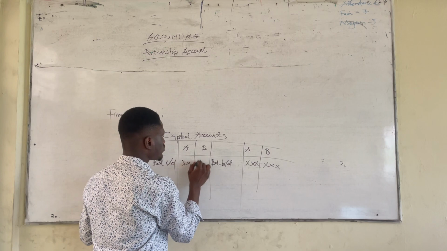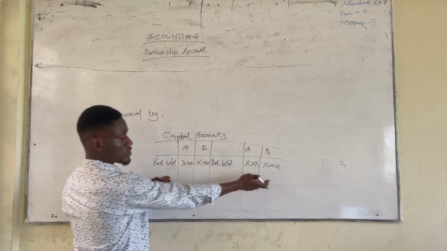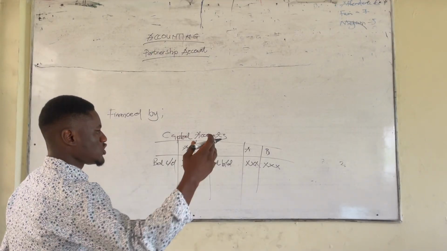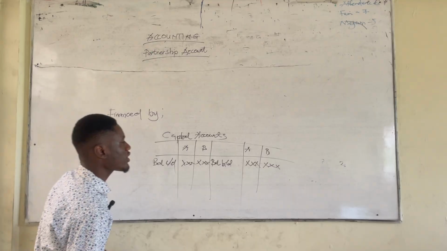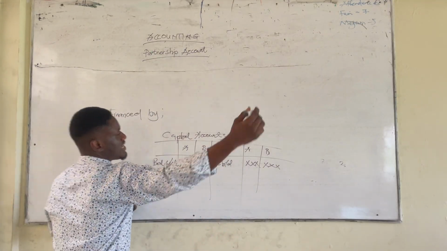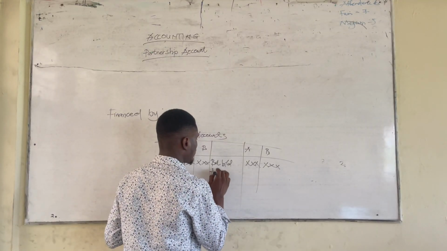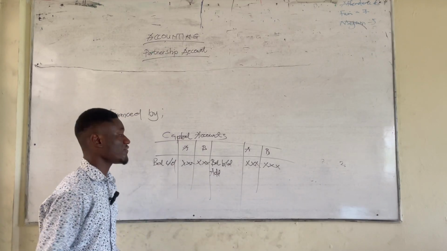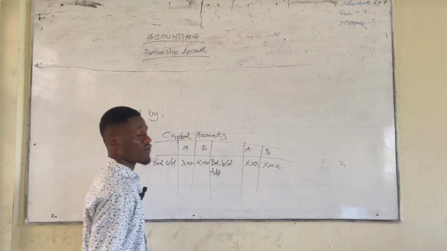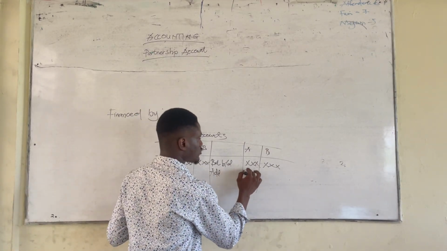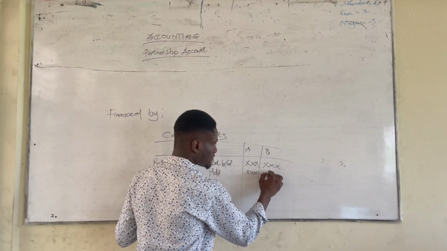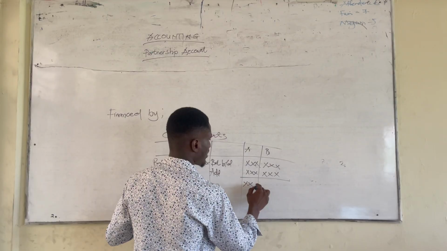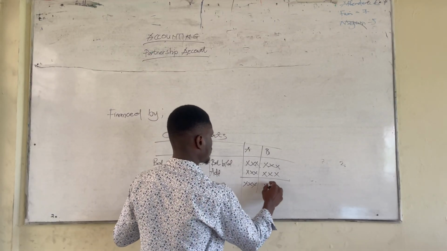Okay, and you are still going to get the same amount because it's only the capital amount that is being recorded. The question can also tell you that partner A introduced additional capital of, let's say, 5,000. That amount will be added to the capital brought down, and we are going to get a new balance carried down.